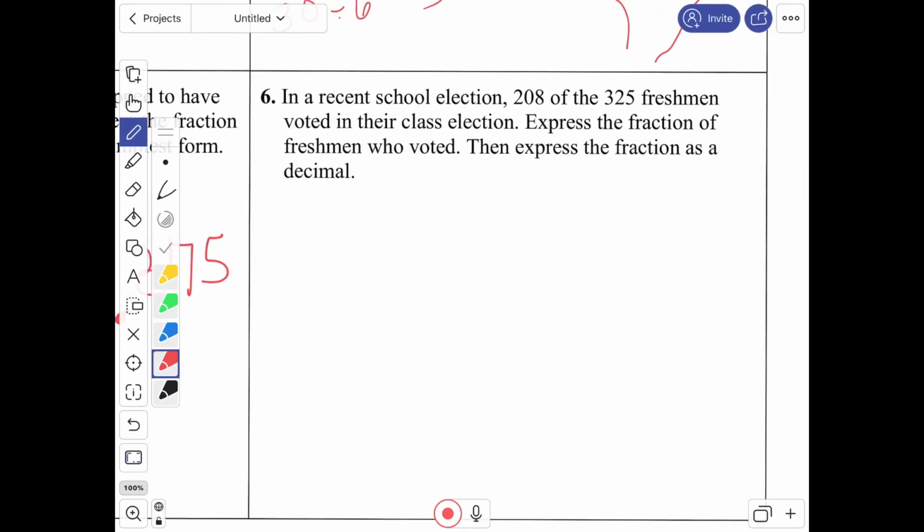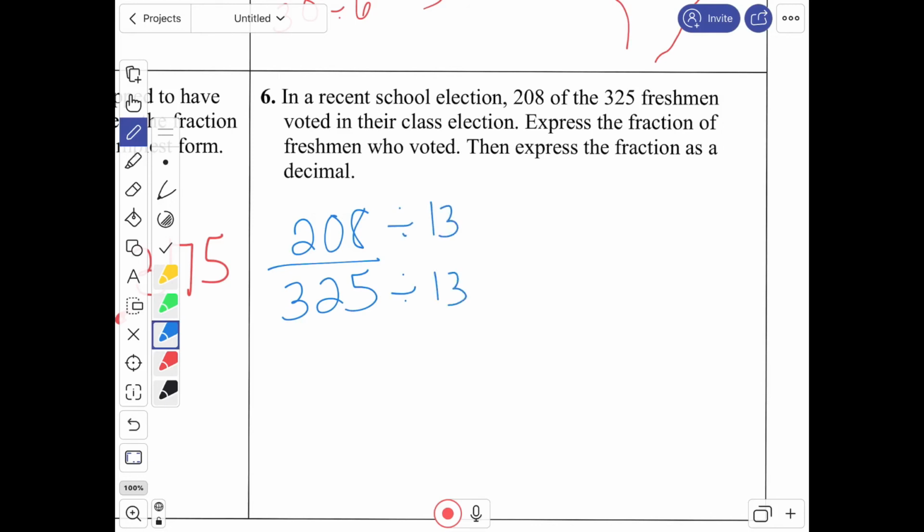Number 6, in a recent school election, 208 of the 325 freshmen voted in their class election. Express the fraction of freshmen who voted. Then express the fraction as a decimal. 208 out of 325. And this one's a hard one. They both divide by 13. And that one you may have to just guess and check until you find something that they both divide. But both of them divide by 13.